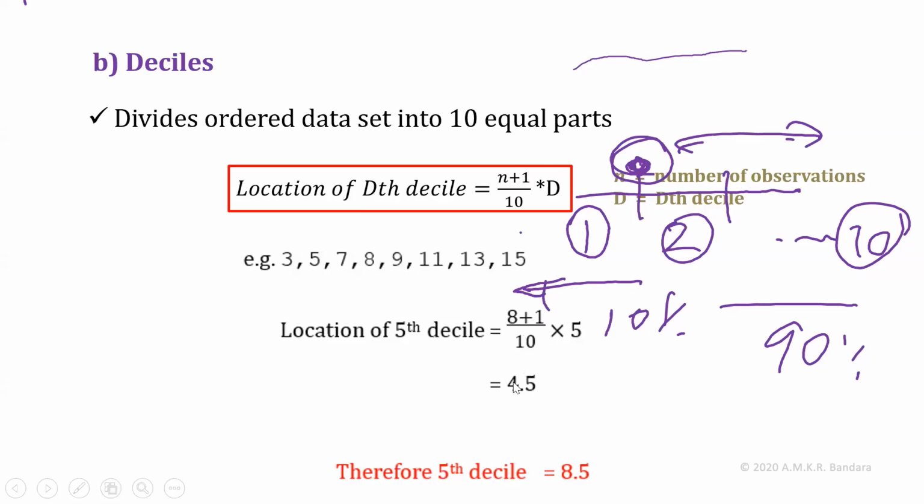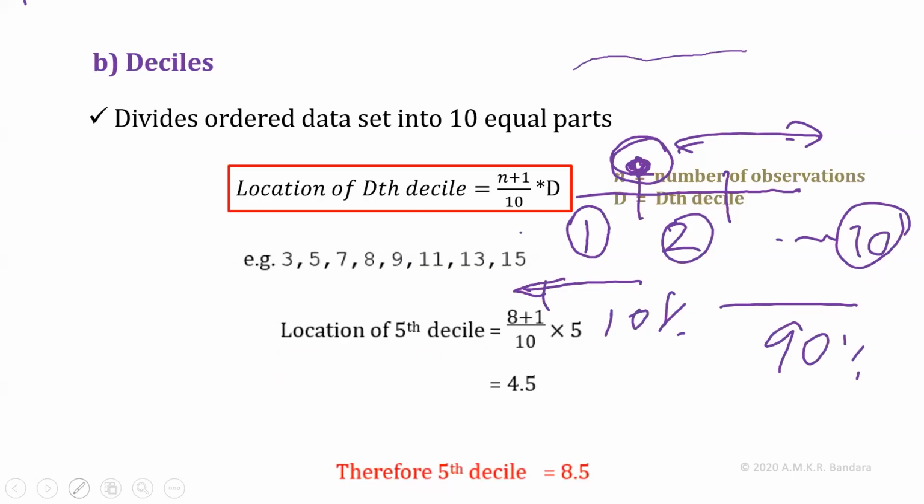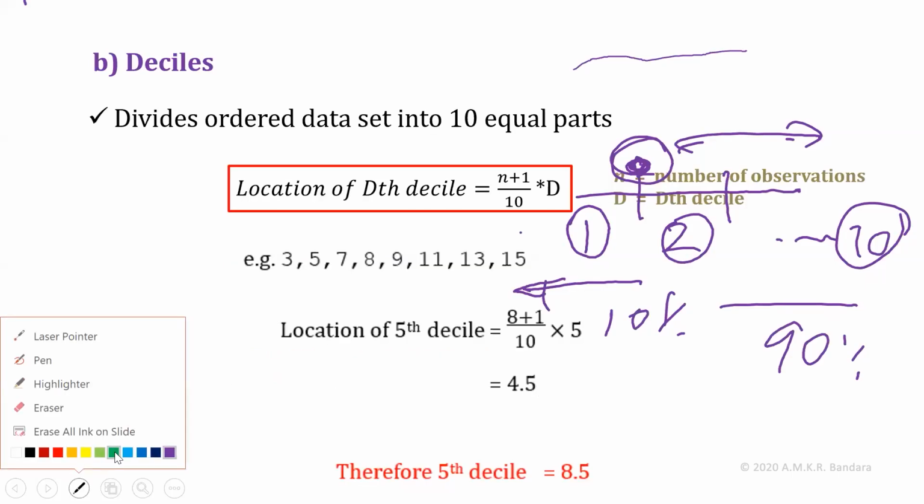That is the location. So the fifth decile will be located at the 4.5th place.